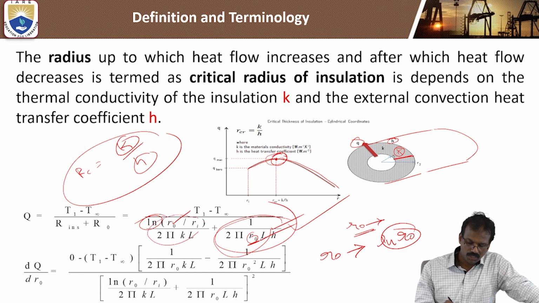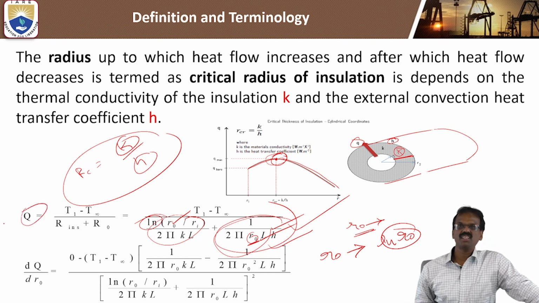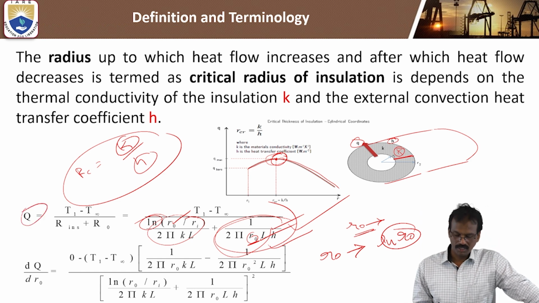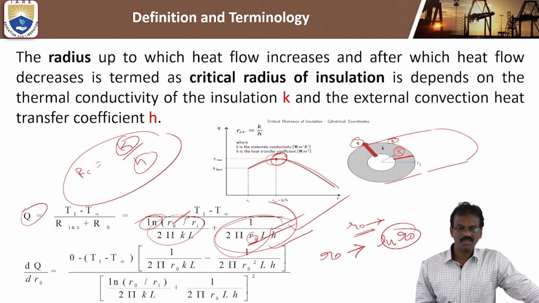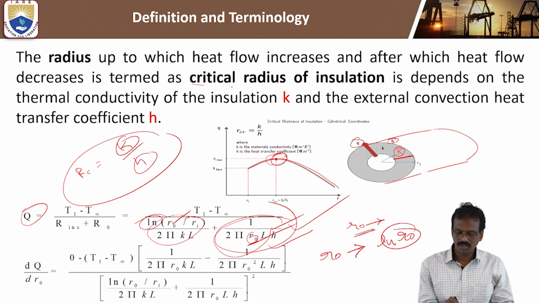Due to this resistance heat transfer rate should decrease, but due to the other resistance, heat transfer rate increases. Because of that, Q will be increased, because the convection effect is more than the conduction resistance. Due to this reason, up to a certain radius the heat transfer rate increases, and after that it decreases. That is called the critical radius of insulation.